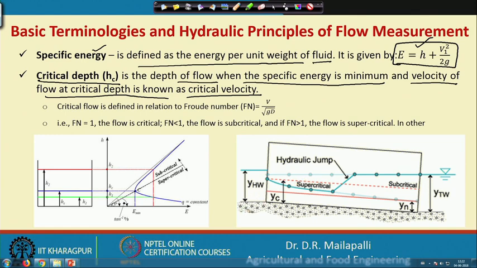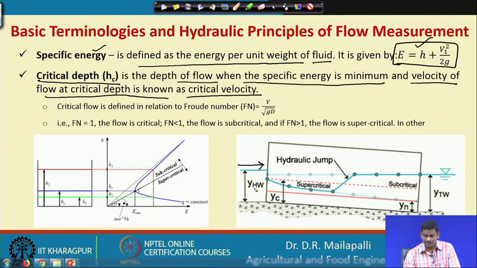Let us say here there is a structure. The fluid is flowing on top, and it has y h w, the headwater depth, and after that the fluid is falling, and then it is going to rise.